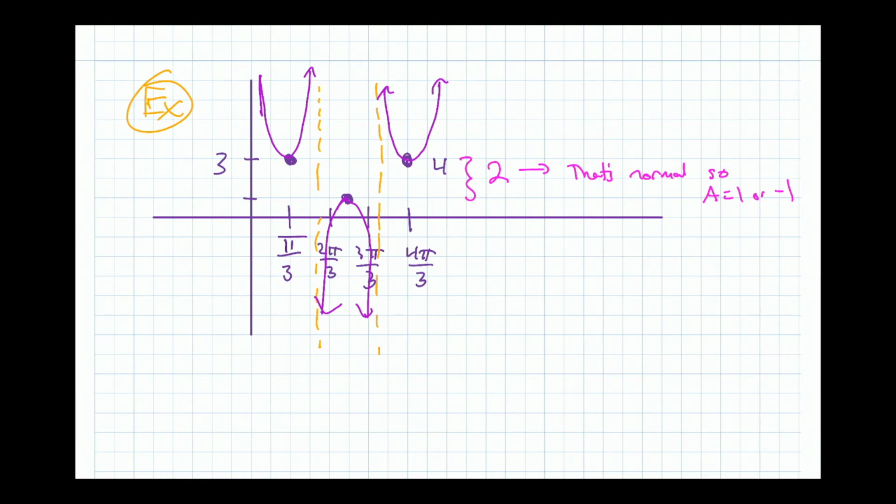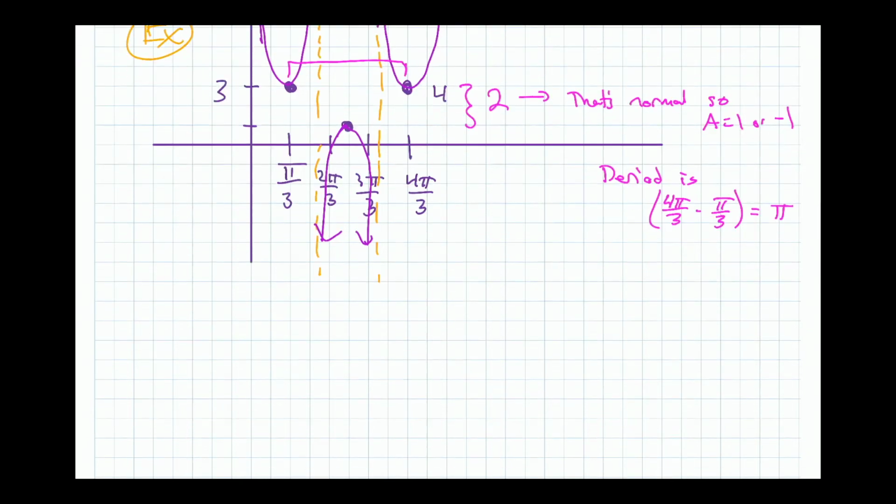In order to get the B right, we need to figure out what the period is here. On this graph, the period is the distance from here to here. So that's pi over 3 to 4 pi over 3. So 4 pi over 3 minus pi over 3, that's the period, which is going to be pi, right?